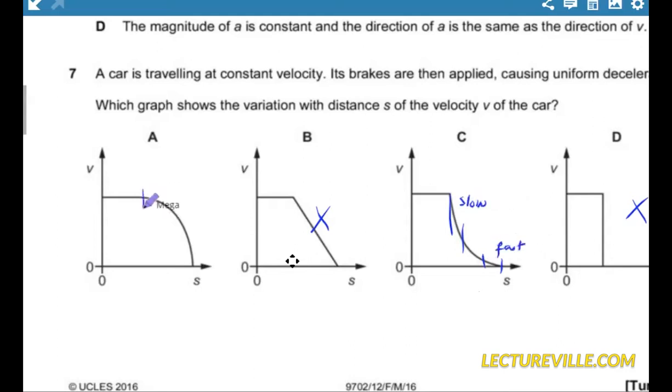Look over here. Object has travelled more distance in the initial part and less distance in the last part in the same amount of time. So object is fast here and slow here. So this makes more sense.